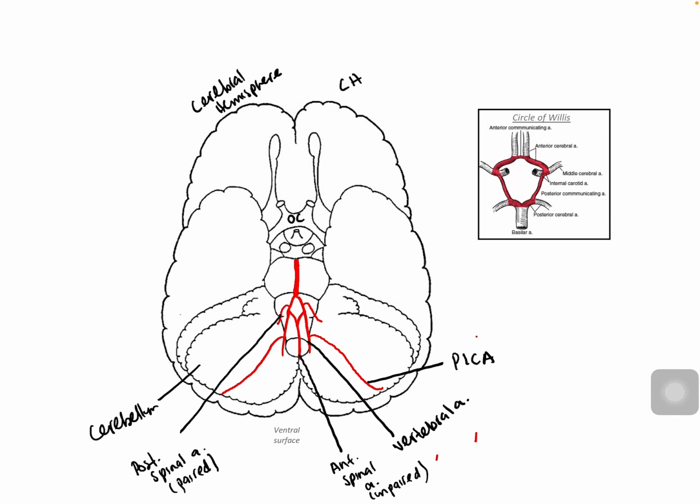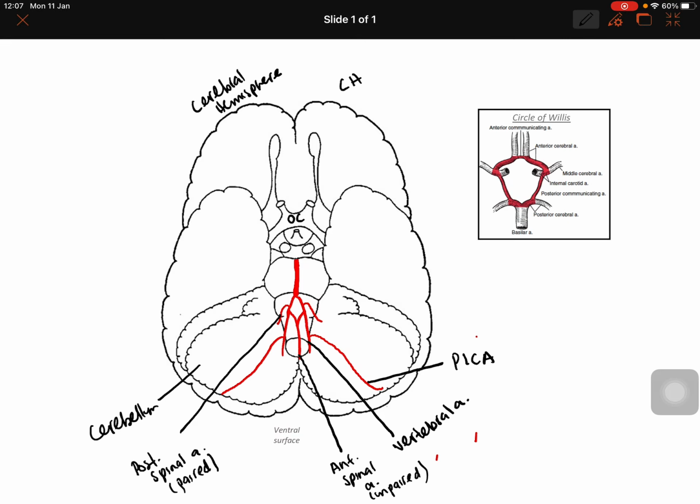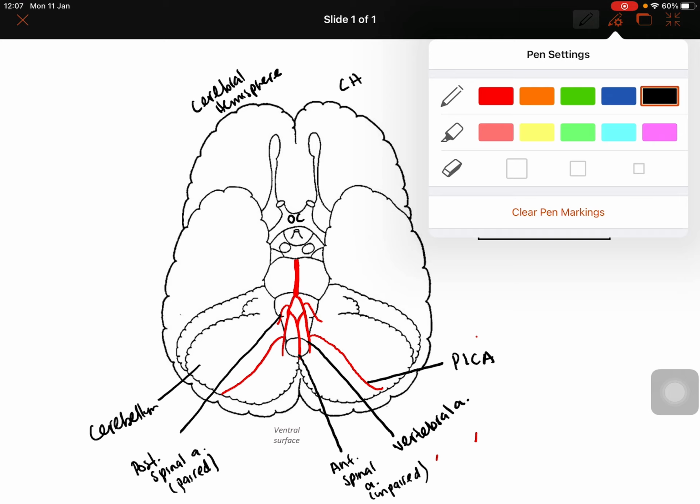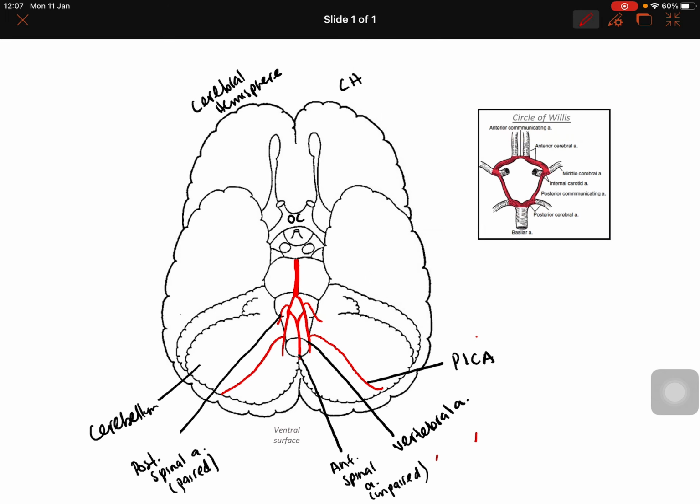Now, as we move superiorly, we can draw the next pair of cerebellar arteries. These are called the anterior inferior cerebellar arteries, which are going to supply the anterior and inferior portions of the cerebellum. That's why we call them anterior inferior cerebellar arteries, or AICA.